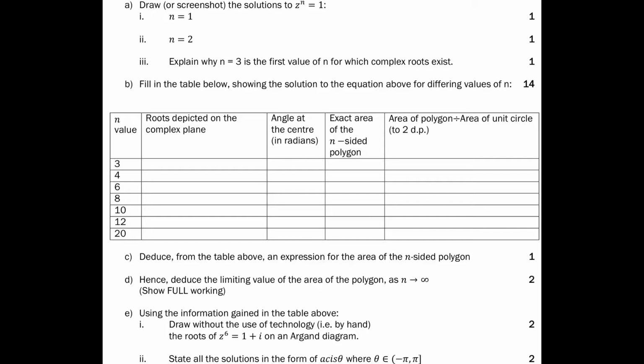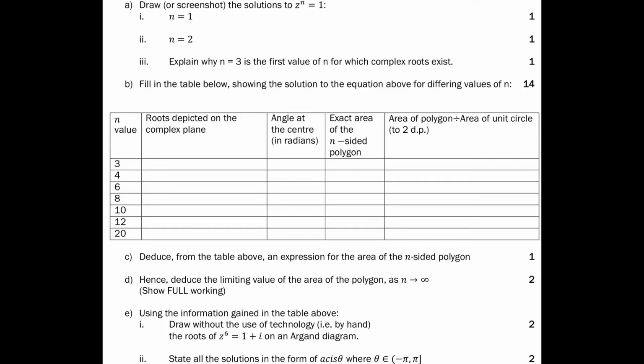We first have to find what the roots would be of z to the n equals 1 and work out their angles from the centre in radians. Work out the exact area of the polygon that would result from all those points in the Argand plane, and then calculate the area of that polygon divided by the area of a unit circle, which at first glance seems like a very odd thing to be asked to do, but we'll see that actually that's what helps us for part D.